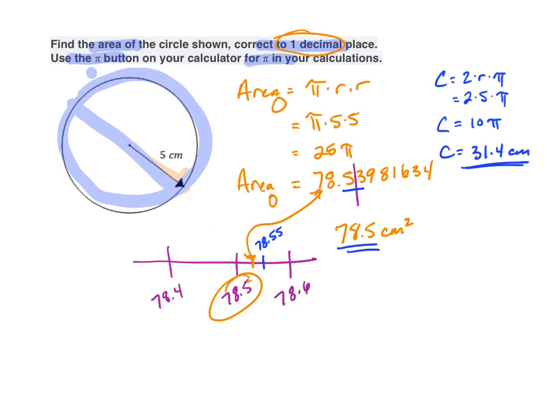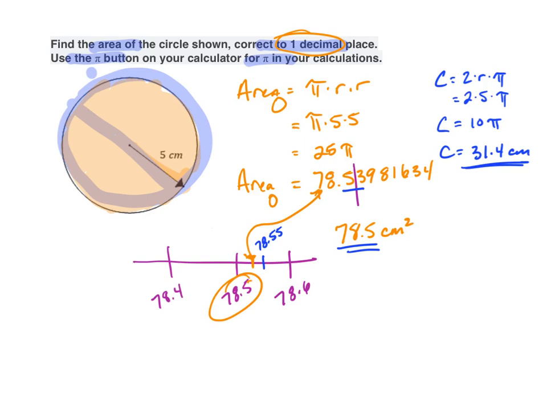And we were trying to figure out the area, which is how much space does this take up, not how long is the trip around. Area means the area within. Circumference, we're figuring out the perimeter of the circle. Area is just like with the area of a rectangle.